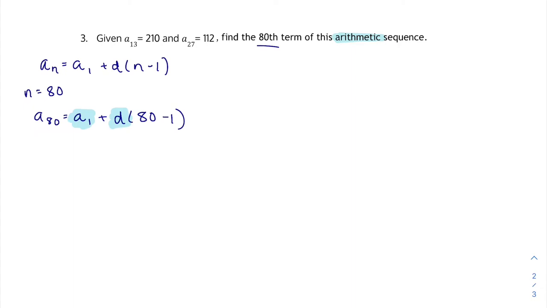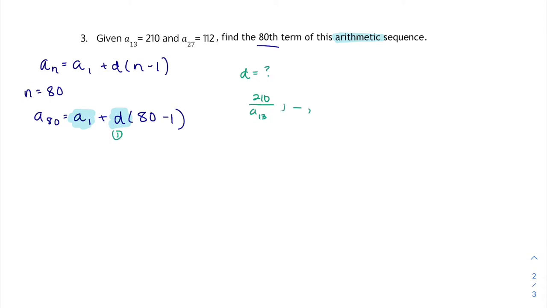So I'm going to tell you guys to start by finding the common difference. We're going to look for this first. And the way that we're going to find it is use a little bit of logic from the pieces of information we have. I know that my 13th term is 210.